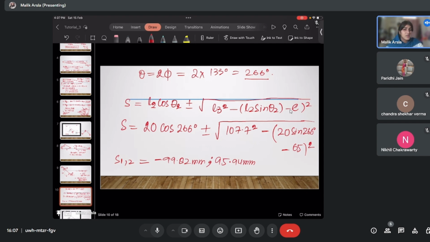After the class you can check the calculation, but this is what I was getting. Here you are getting one negative value and one positive value, so obviously the distance of the slider cannot be negative. It is not going beyond the fixed point, otherwise it will be an inversion. So we know that it is staying in this direction only. So 95 will be the correct answer. You will discard the negative value. Clear?